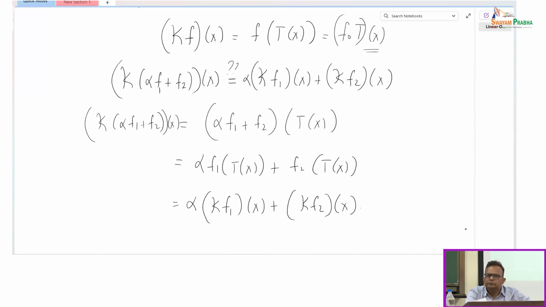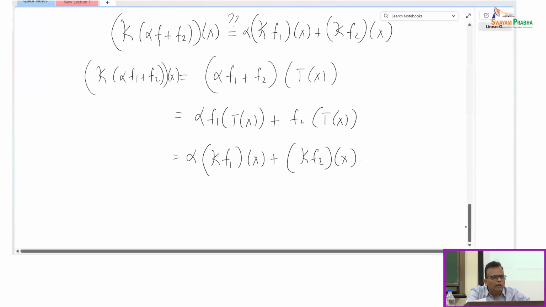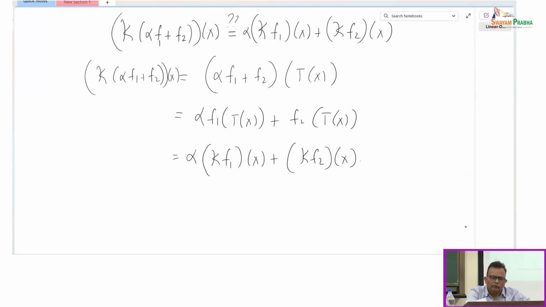Any questions? Now it's going to get a little uncomfortable, but let's see if you can dive in a little slowly. So this is a linear operator, right?